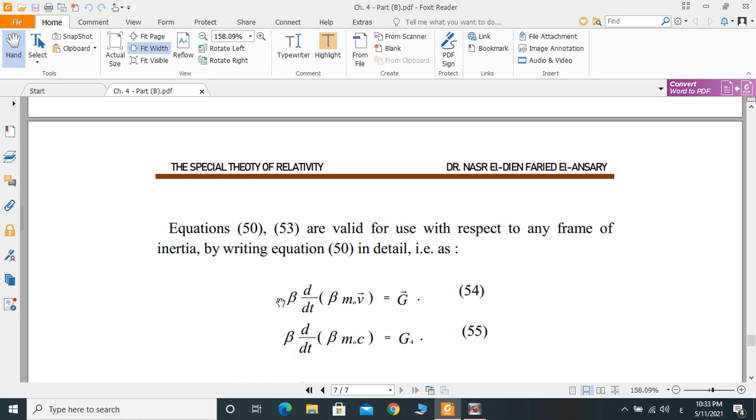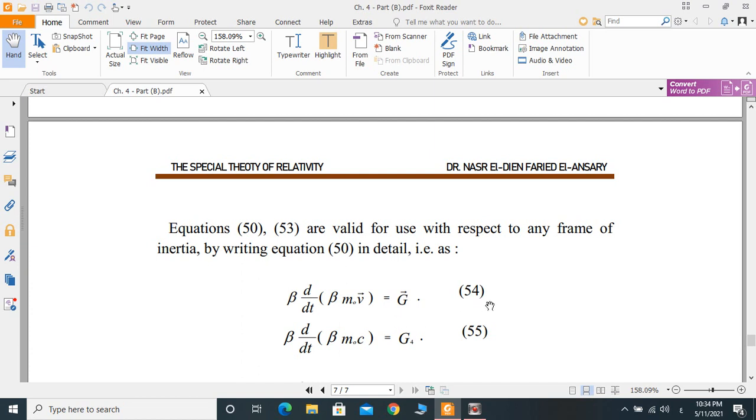If we divide both sides by beta, then d by dt of beta m naught v equals G divided by beta, and d by dt of beta m naught c equals G4 divided by beta. We let beta m naught equal m, the moving mass.